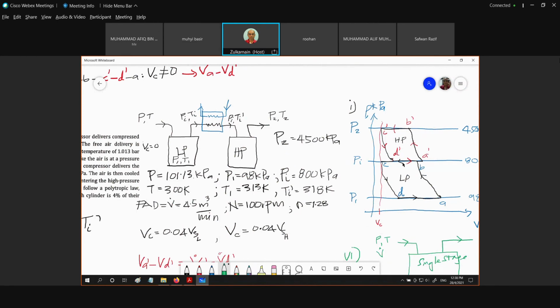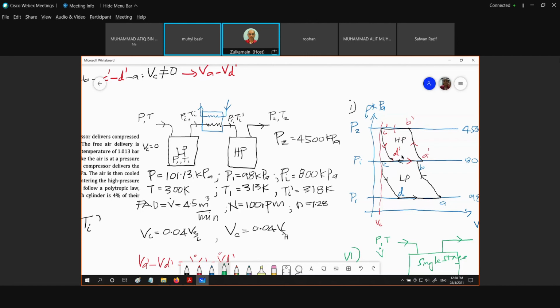Do you see? Because VA minus VD is for the first stage. This is VA minus VD. For the second stage, the VA minus VD is the VA prime minus VD prime.